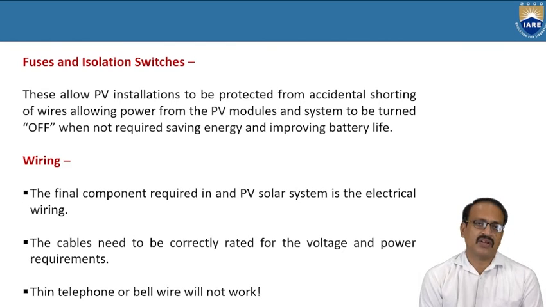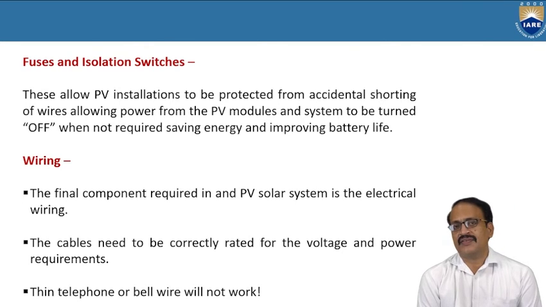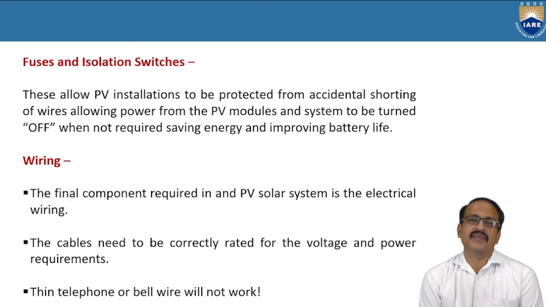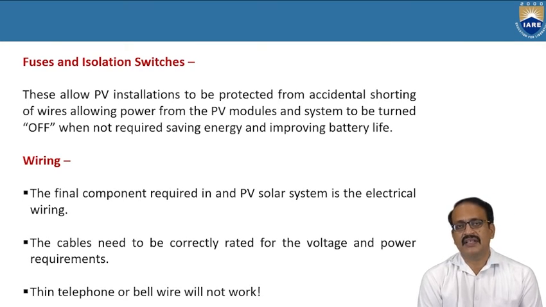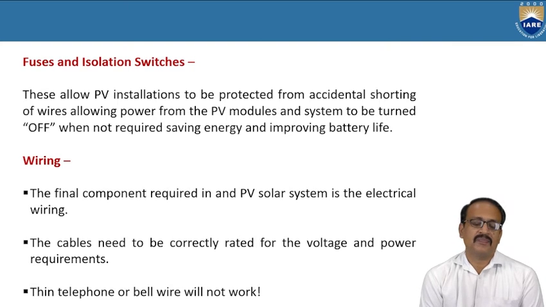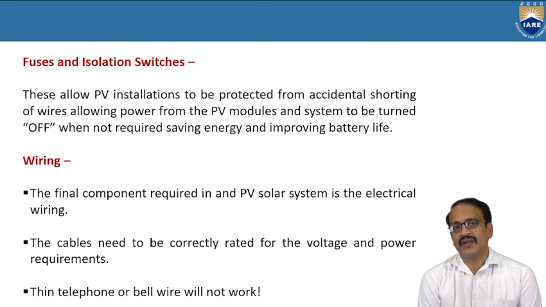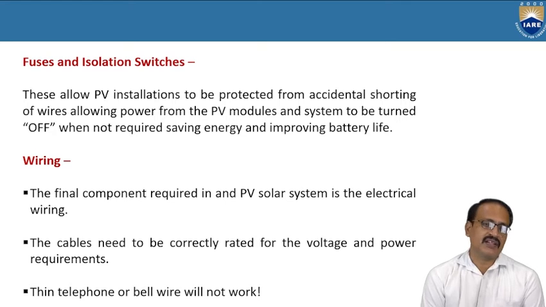If the power is more and we connect lower-capacity wires, they will naturally get damaged. Some people may think they can use telephone wires, but that's totally off. You cannot use telephone wires in our electrical system.